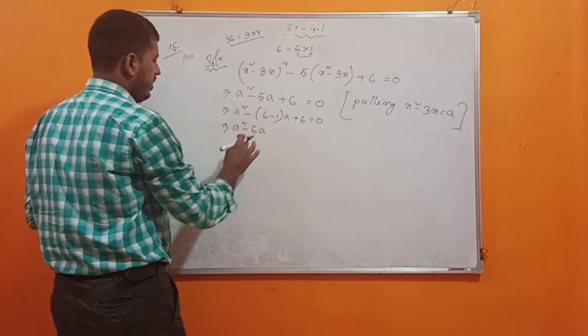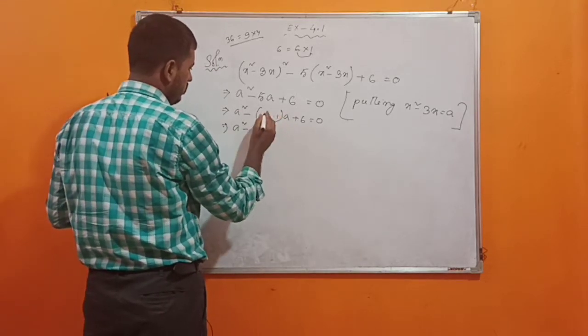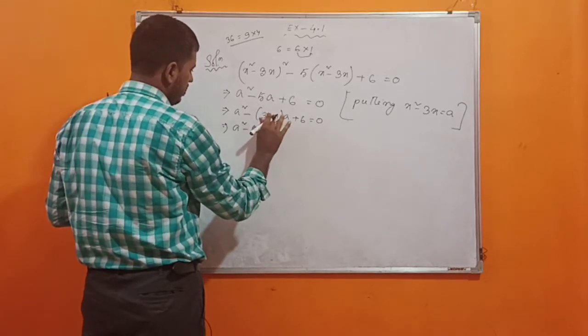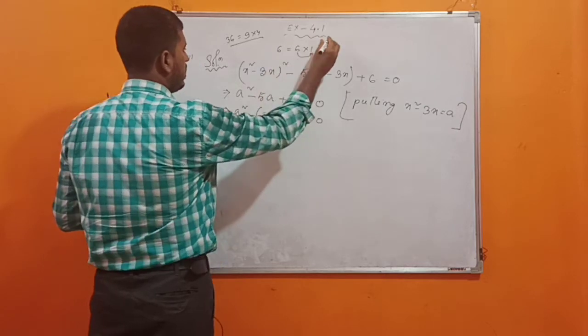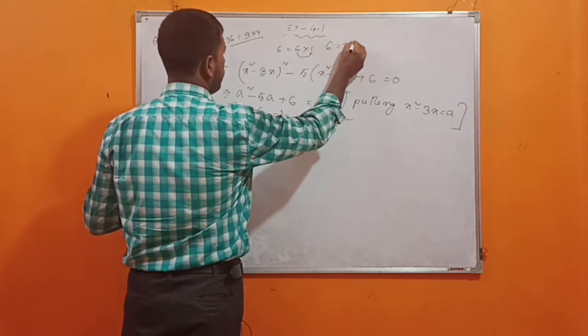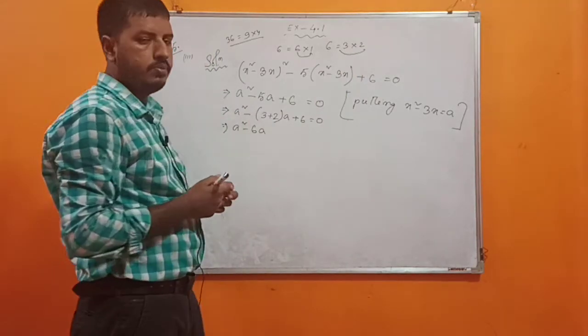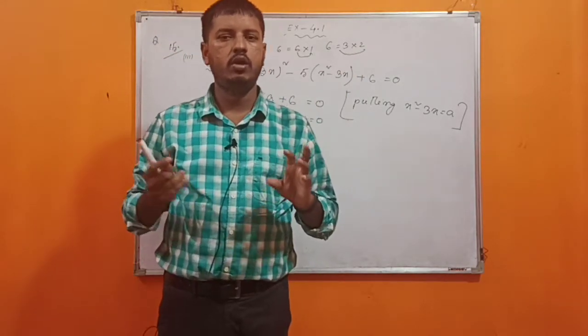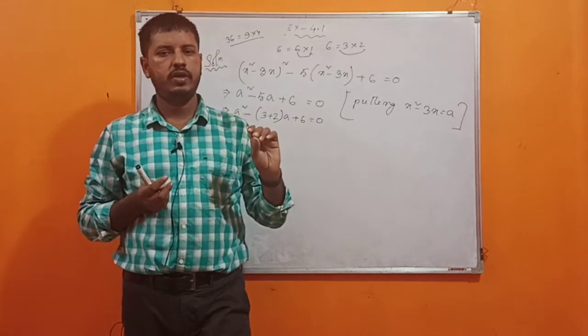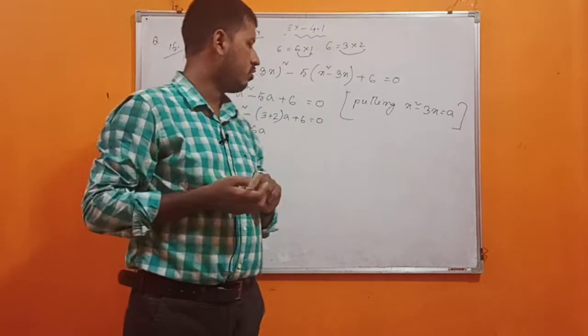Sorry, this can be written as 3 plus 2. That is, 6 can also be written as 3 into 2 and 3 plus 2 is 5. Okay. Sometimes you will get different factors and you have to choose which factor will satisfy the conditions.